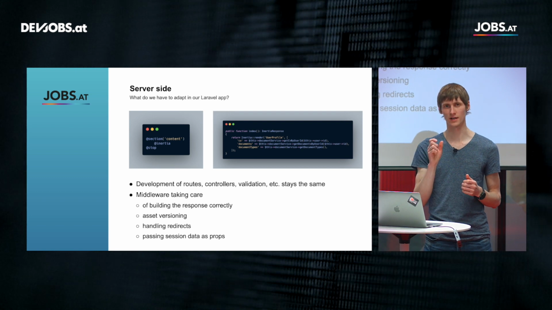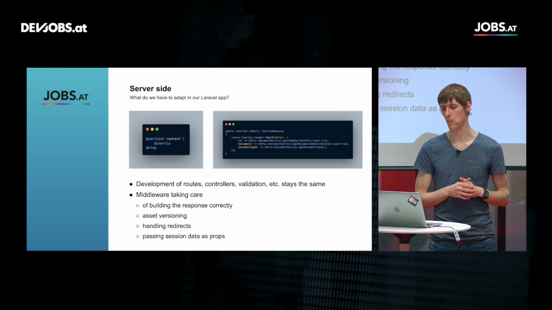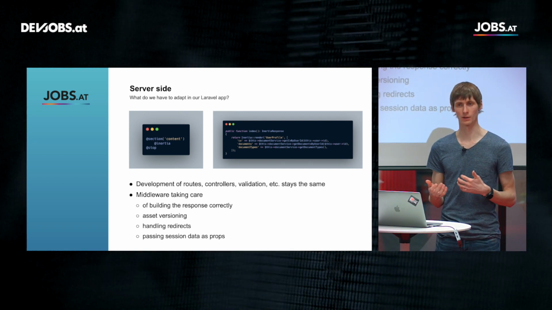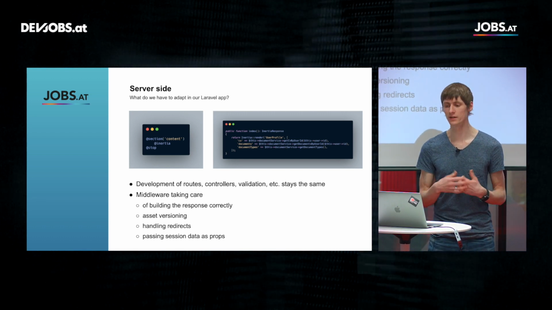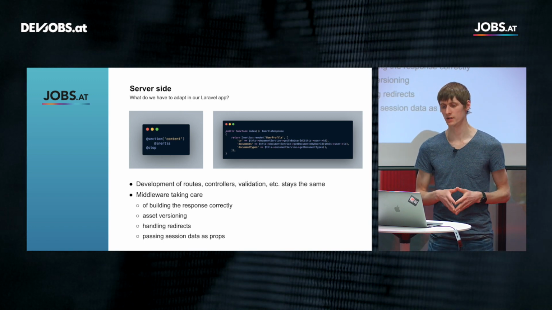And this is exactly how the properties are then matched in the Vue component. And as I said, development of routes, controllers, the validation even, you get out of the box with Laravel, can stay the same, so we don't have to change anything there.